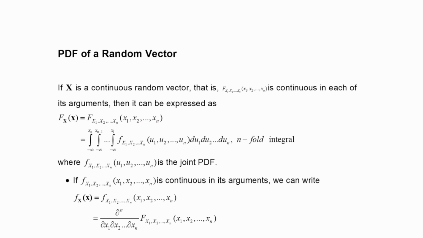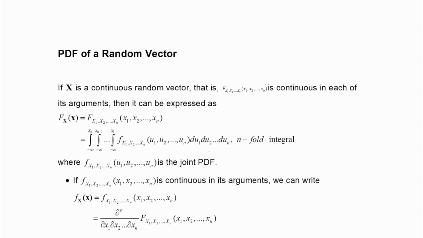So, that way we can generally define the PDF of a random vector. PDF of a random vector, this quantity we can denote by, suppose, f_X at point small u.